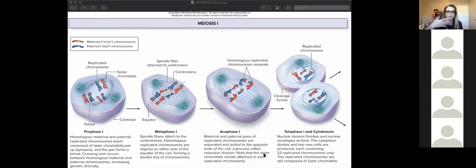This is why siblings, unless they're identical twins, are not exactly the same, because they all are going to get a different set of your mom and dad's genes. Okay. So when you're forming your gametes, it is your mom's and your dad's genes that are getting mixed up and forming this new set that you're going to pass on to the offspring.